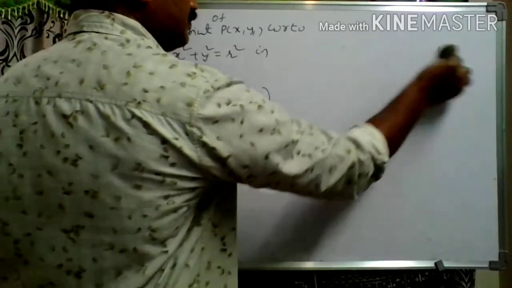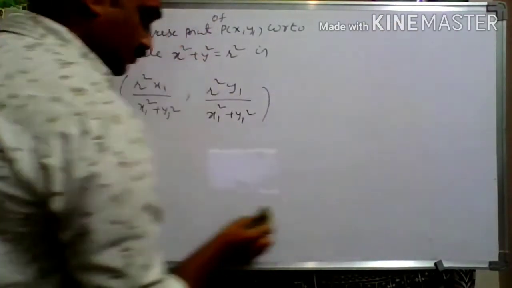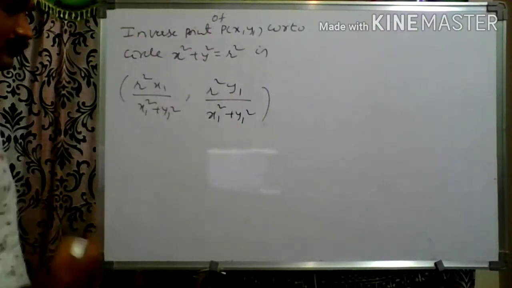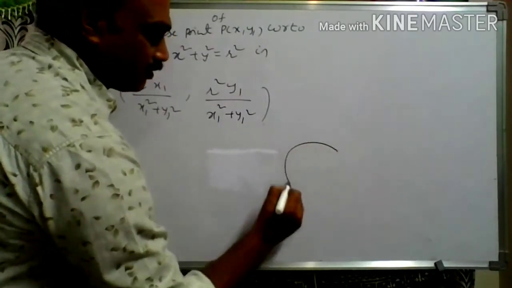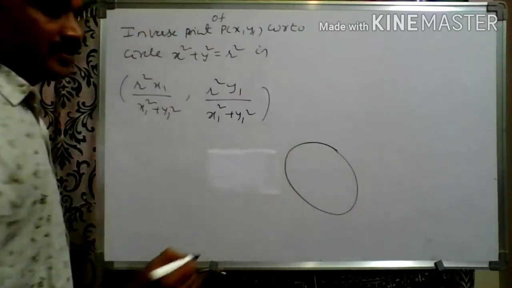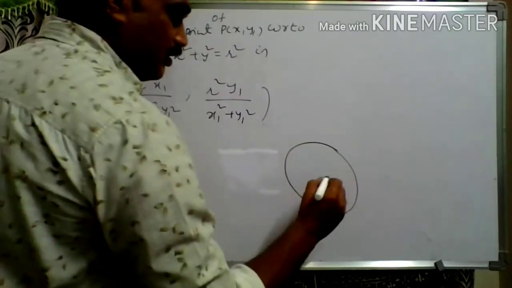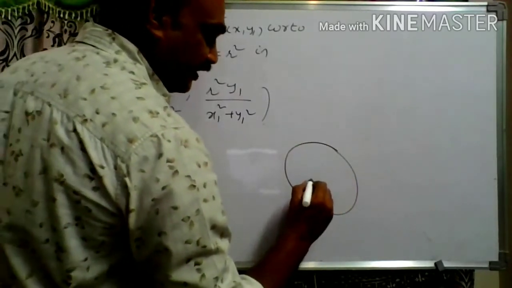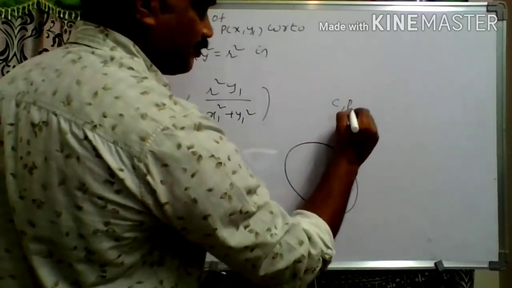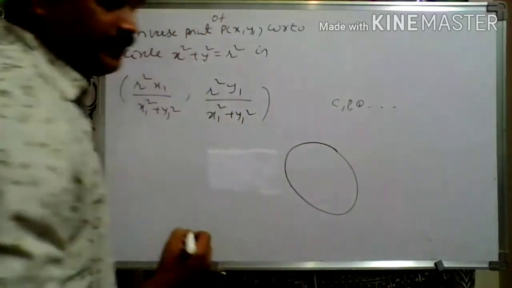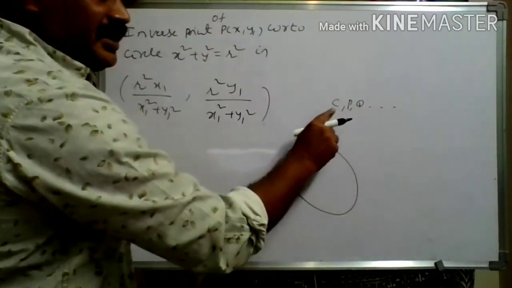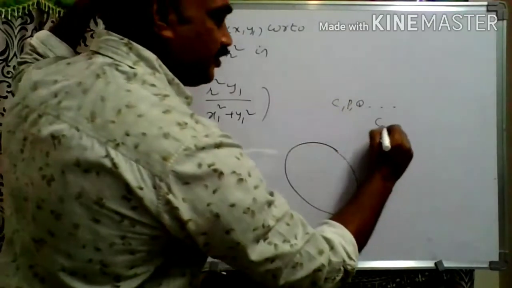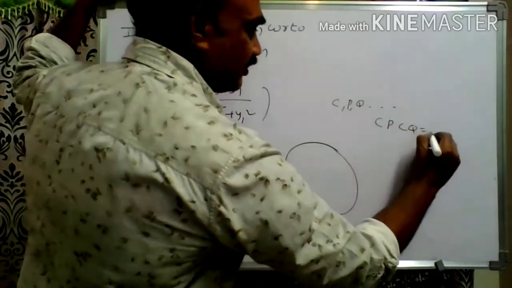P, Q are inverse points if C, P, Q are collinear, P, Q lie on the same side of center and CP into CQ is equal to R square.